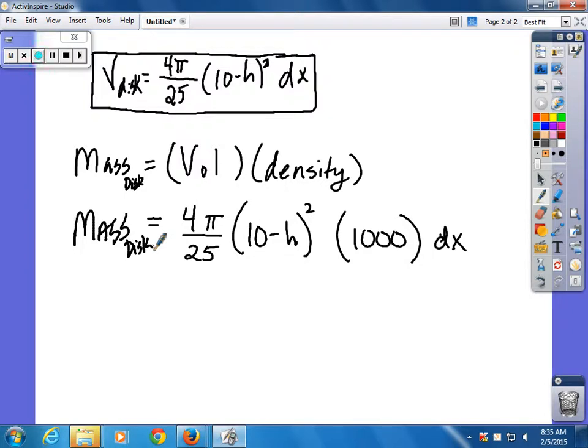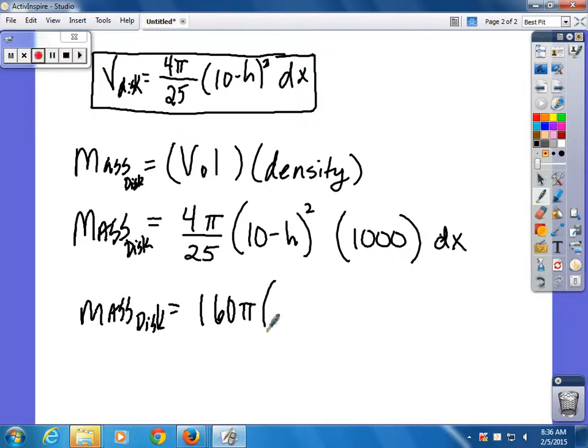Now, take that, multiply it by that, and what do we come up with? Mass of the disc is equal to 25 will go into 100, what, 4 times, so what is that, 40? Somebody cancel that out for me. I think it's 40. 40 times 4 is 160.